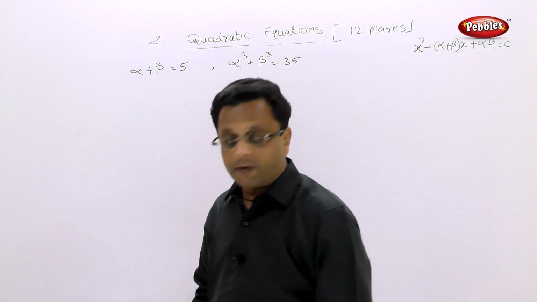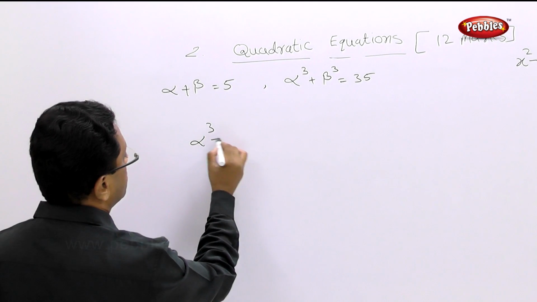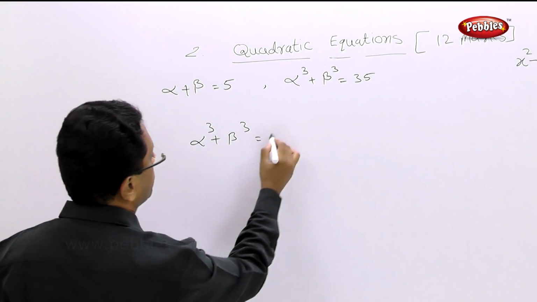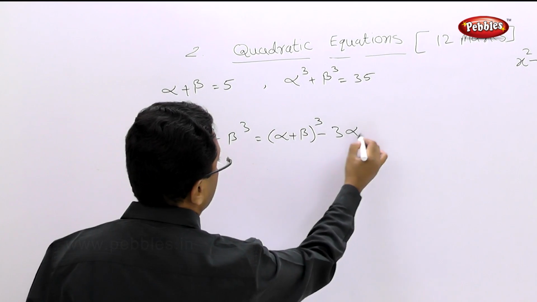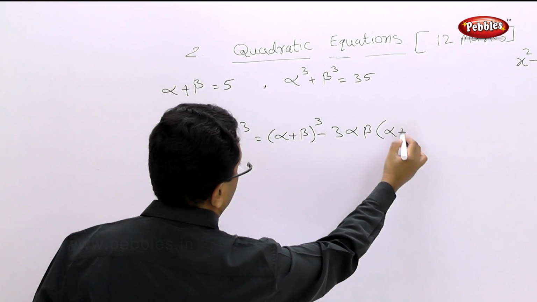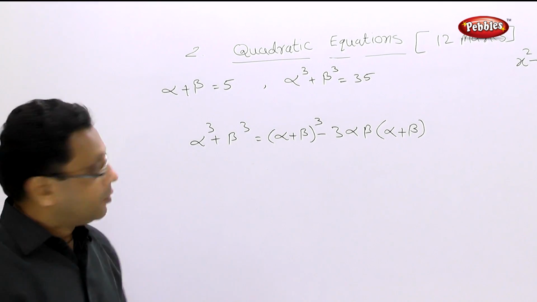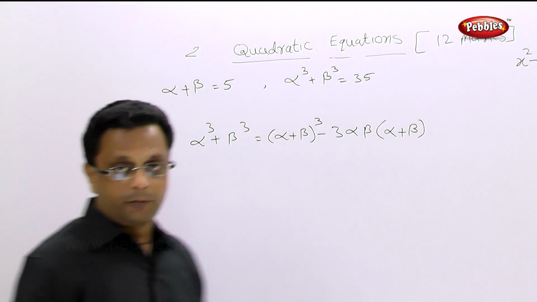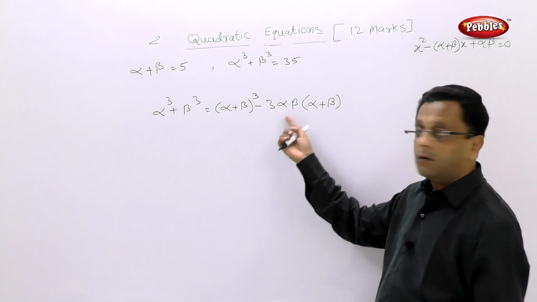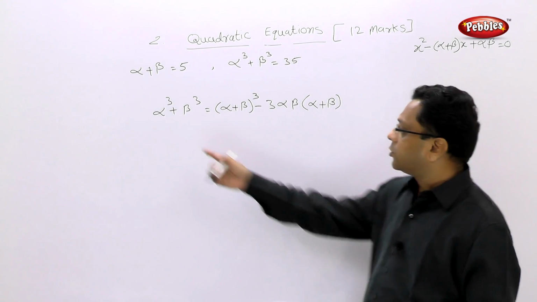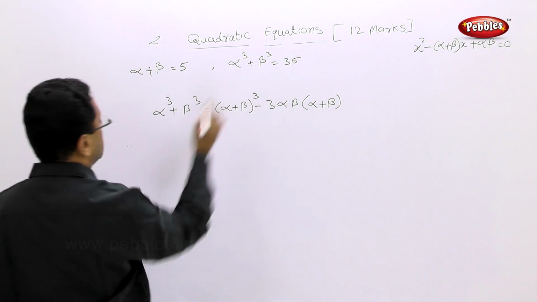So we'll use one of our formulas, alpha cube plus beta cube is equal to (alpha plus beta) cube minus 3 alpha beta (alpha plus beta). We have to make use of this formula and find the value of alpha beta. Because the rest is known, just substitute. So this is 35.